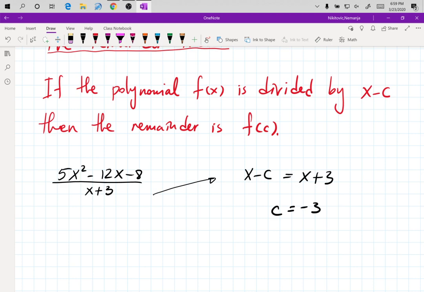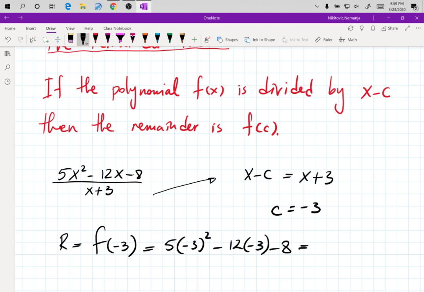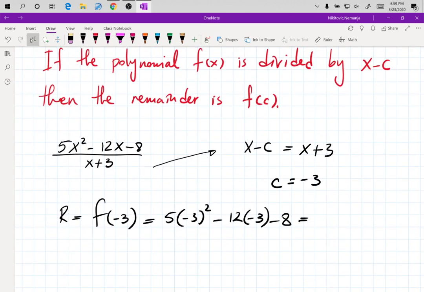Okay, so the remainder for this problem should be f of negative 3. So that's 5 times negative 3 squared minus 12 times negative 3 minus 8. This better be the same value that we have up there.